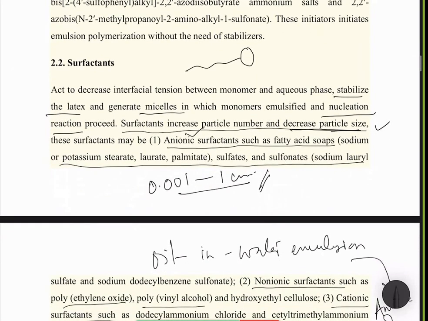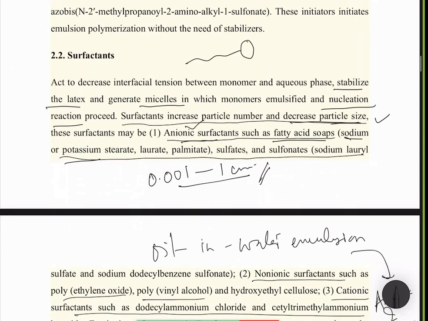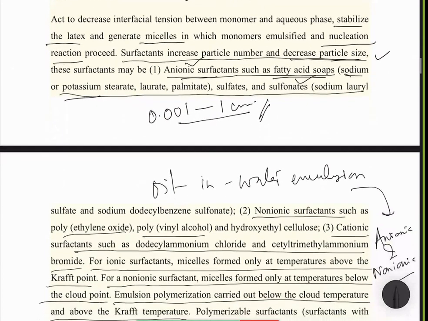And as it was mentioned, you can have these ionic surfactants, like anionic surfactants such as fatty acid soaps like sodium or potassium stearate, sodium laurate, sodium palmitate, sodium lauryl sulfate, and sulfonates like that.